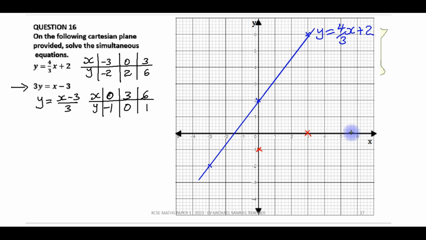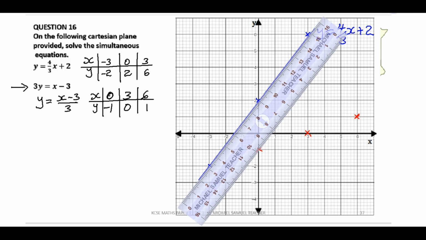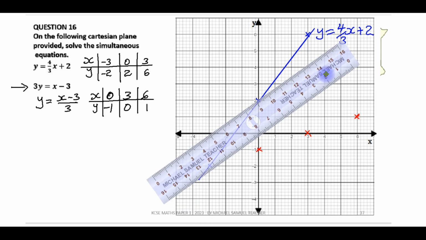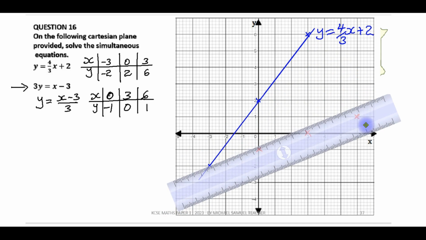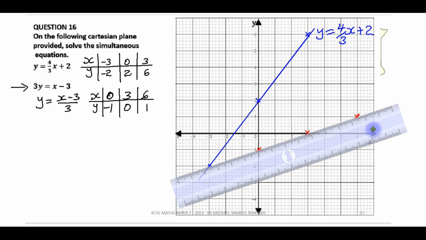And when x is 6, y is 1. Also, we use a ruler to join the points.